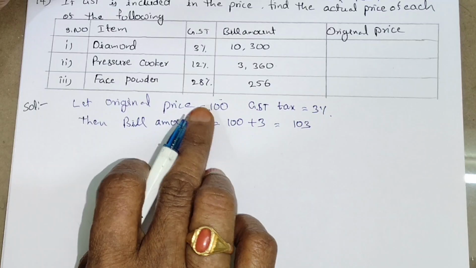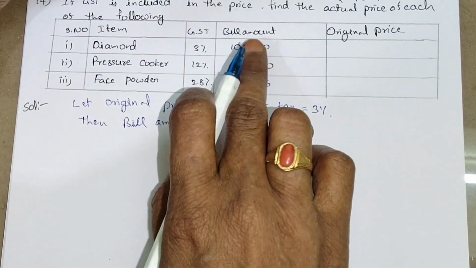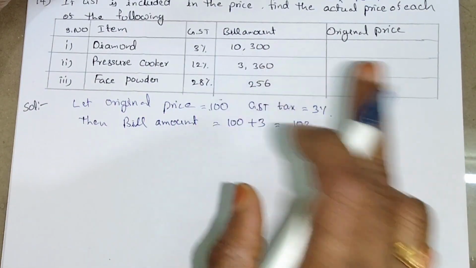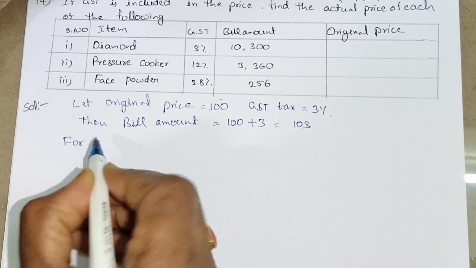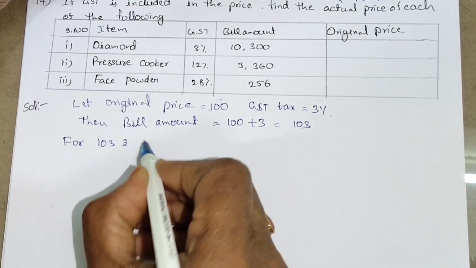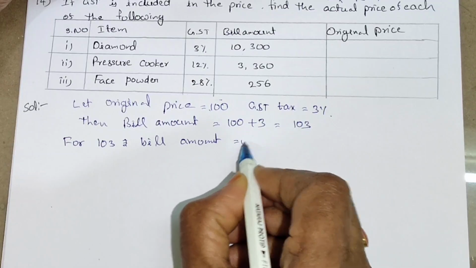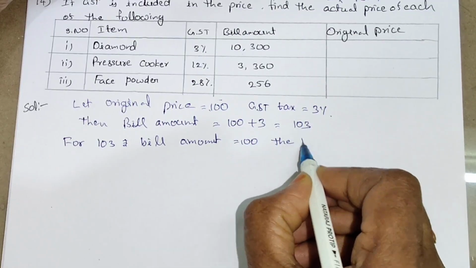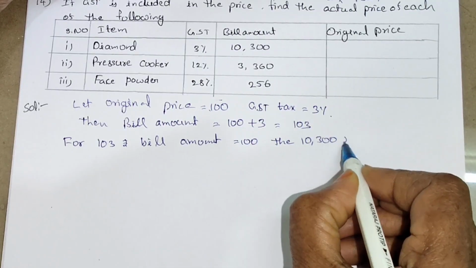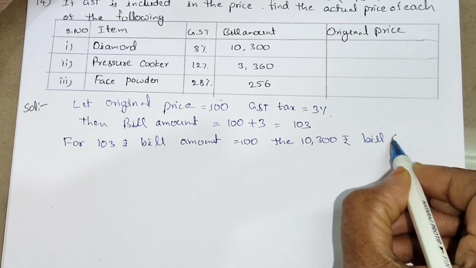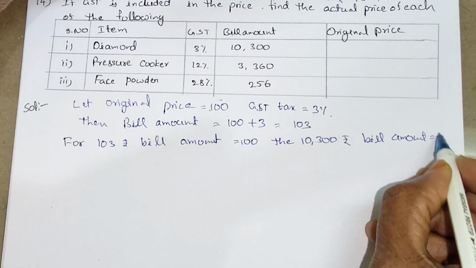Now for 103 rupees bill amount, the original price is 100 rupees. For the 10,300 rupees bill amount, how much?